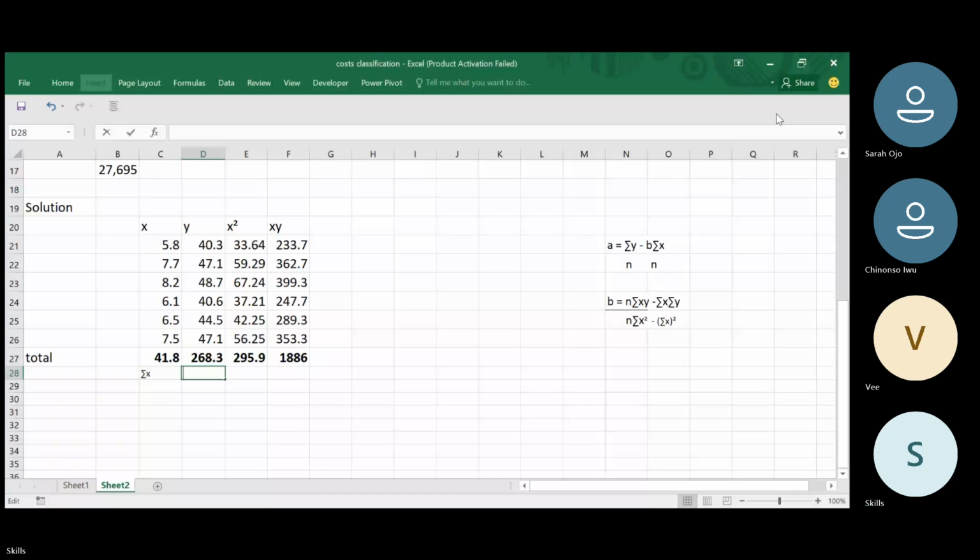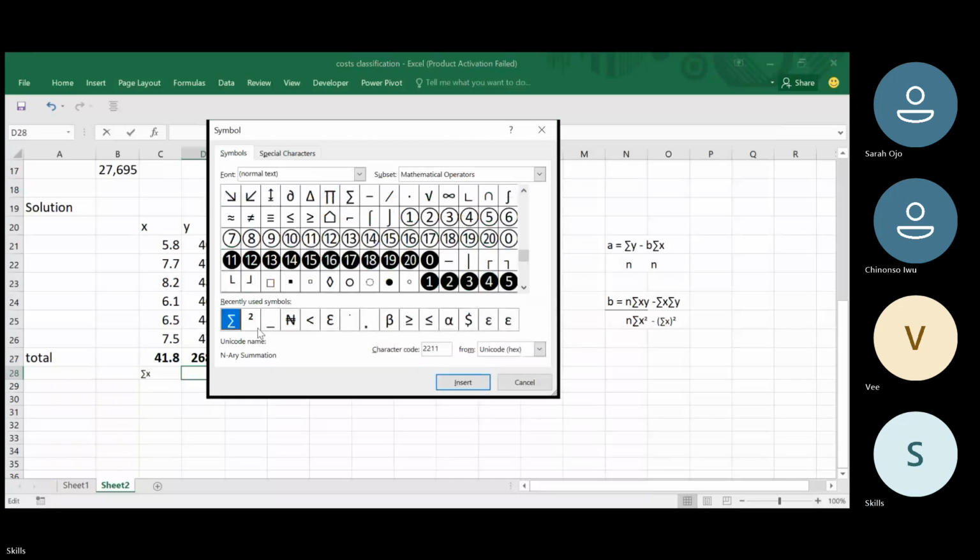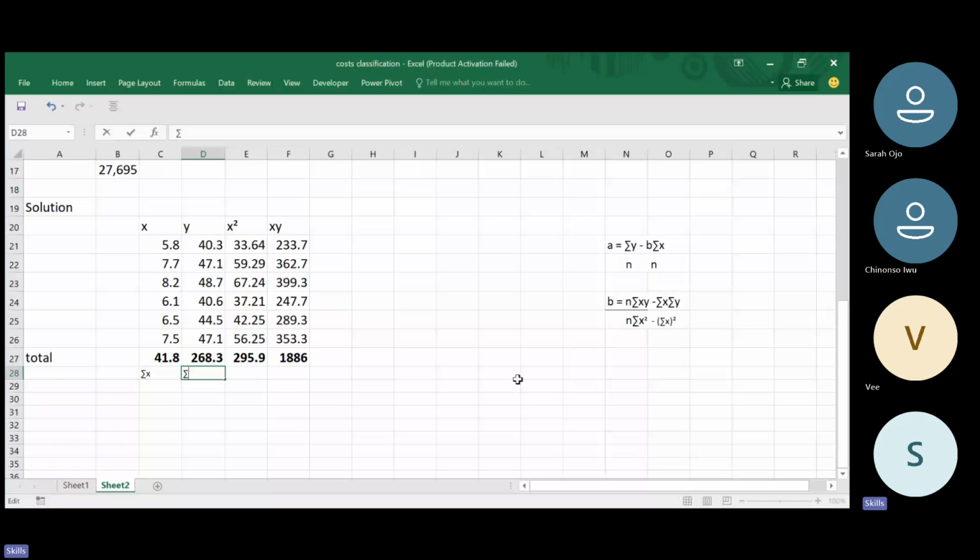Summation y. Wherever we see summation y, we substitute it with this. Then this is summation x squared.